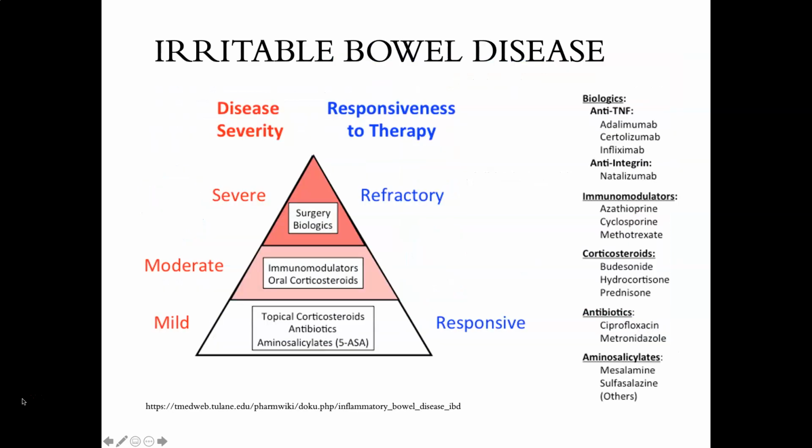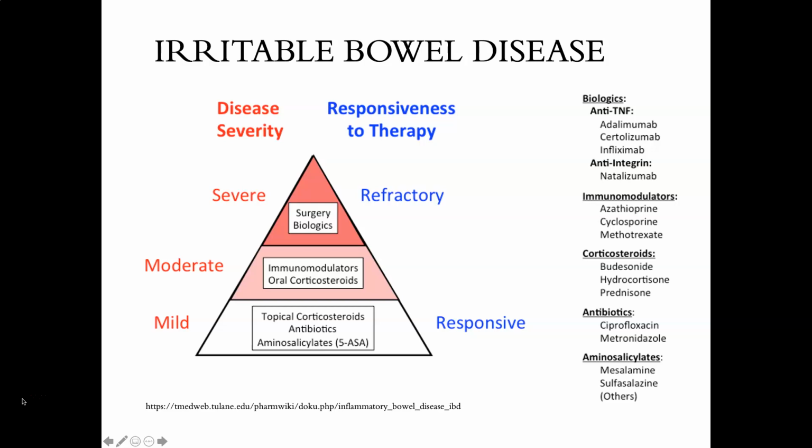Irritable bowel disease, when you look at the level of bowel disease, that's where you get into what are the drugs used. So if you're talking about mild irritable bowel disease that seems to be responsive, typically you're looking at topical corticosteroids, antibiotics, and aminosalicylates.